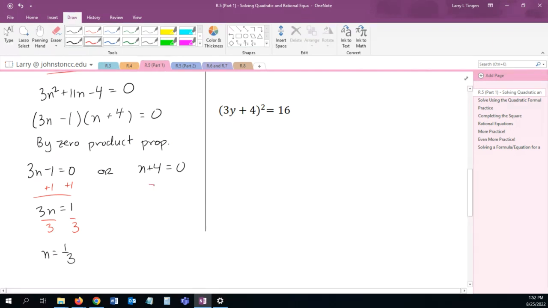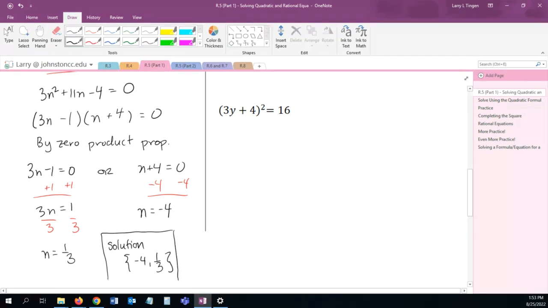Or subtract 4, subtract 4. N is -4. So my solution set contains two answers, -4 and +1/3.